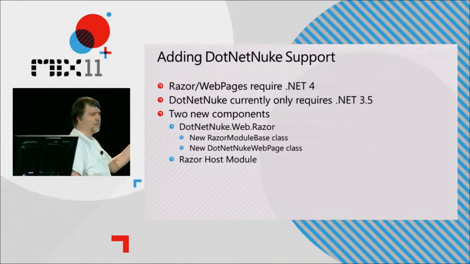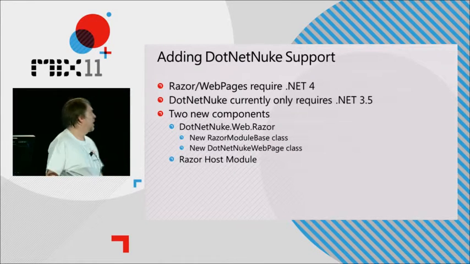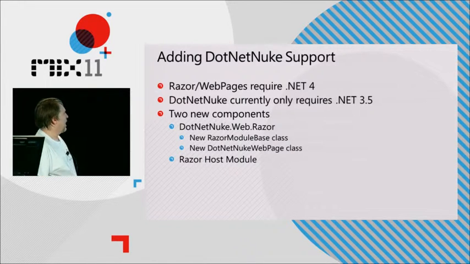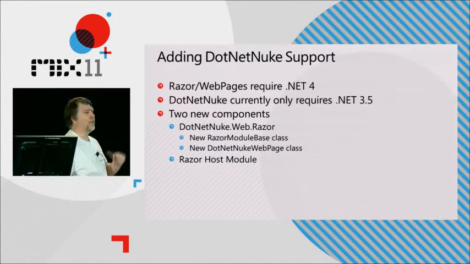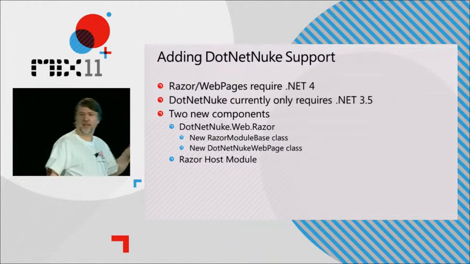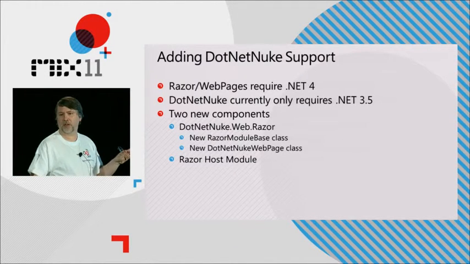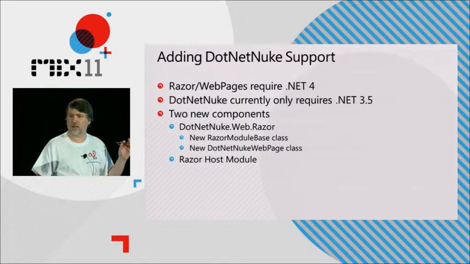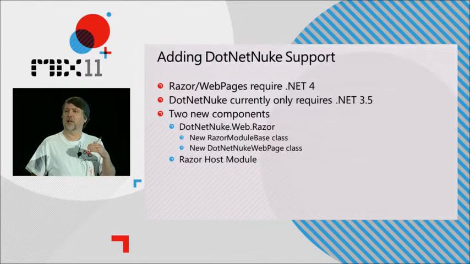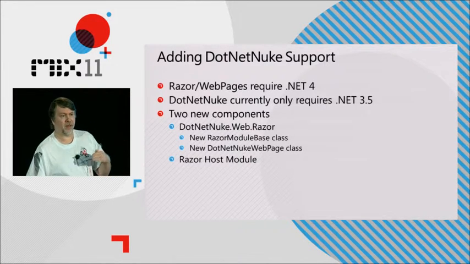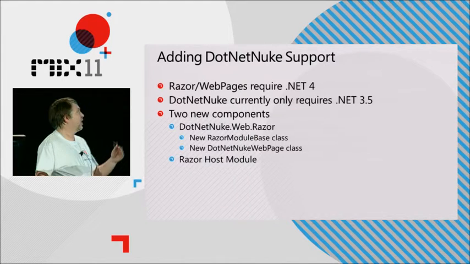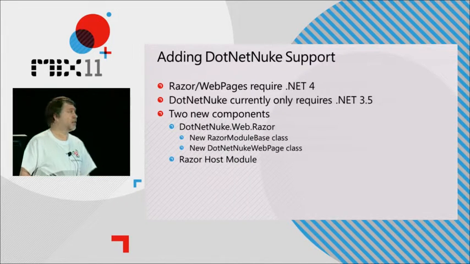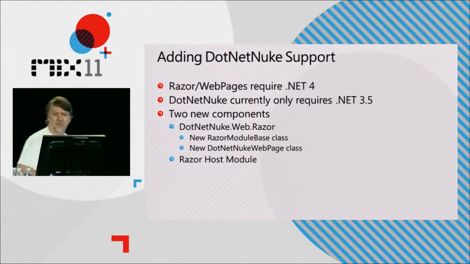We've extended that base class in the Razor module base class. And then there is also a DotNetNuke web page class. And guess what? It extends the base web page class that I mentioned in the earlier slide, which is the piece of the Razor web pages solution that we're actually going to run here. And then we have the Razor host module.